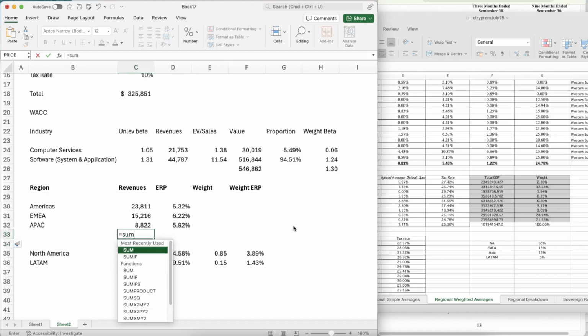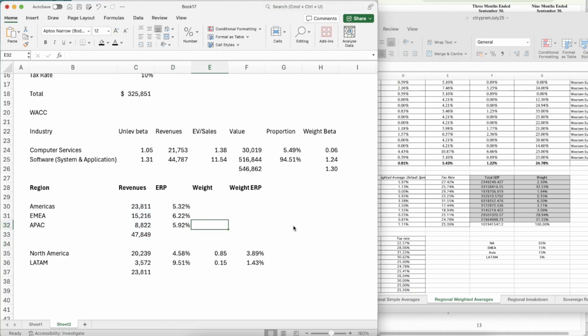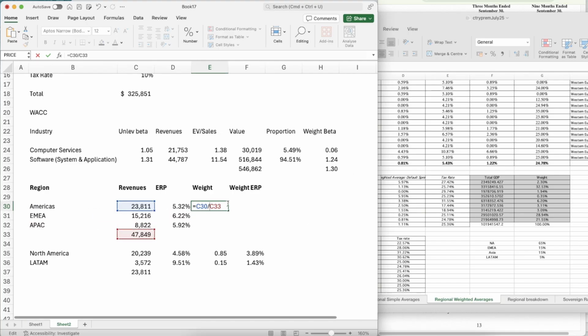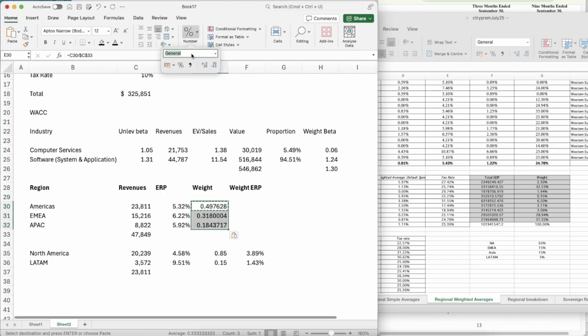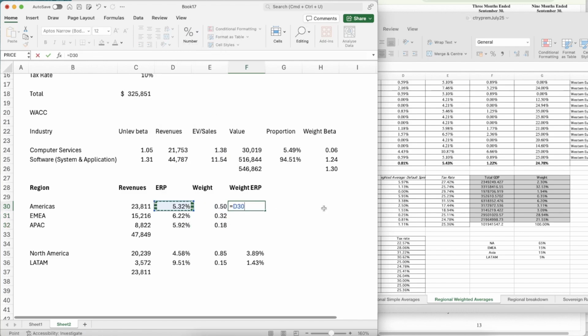Just sum. So the ERP for each region when weighted. There we go. Let's sum, 5.72%.